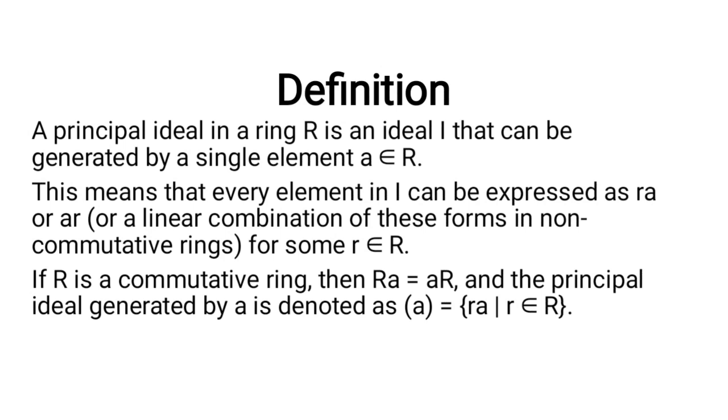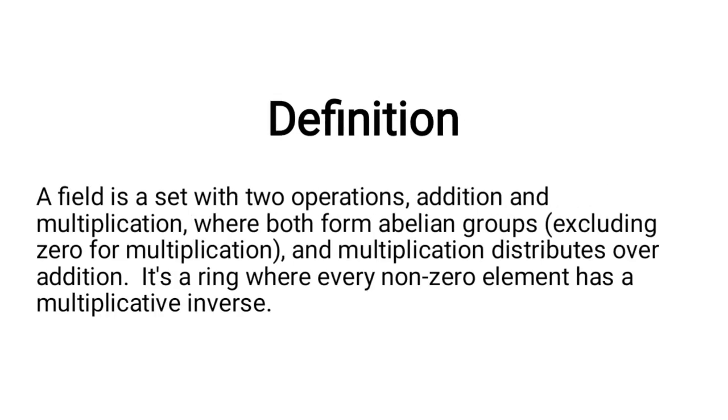That's the principal ideal. The next definition you need to recall is a field, because you need it in one of the lemmas I'll be proving shortly. So a field is a set with two operations, addition and multiplication, where both form abelian groups, excluding the zero for multiplication, and multiplication distributes over addition.